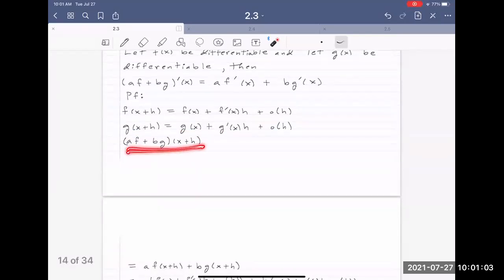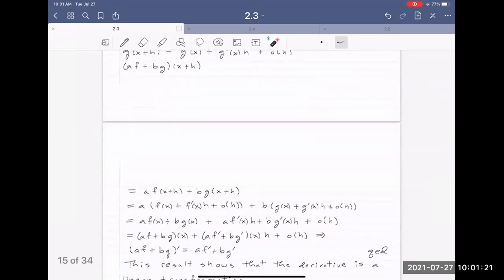So let's look at this. And so a f plus b g at x plus h is equal to, well, by the pointwise definition of addition and scalar multiplication, this is equal to a f of x plus h plus b g of x plus h.